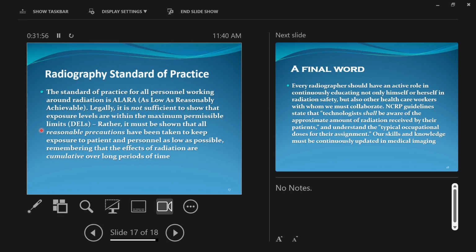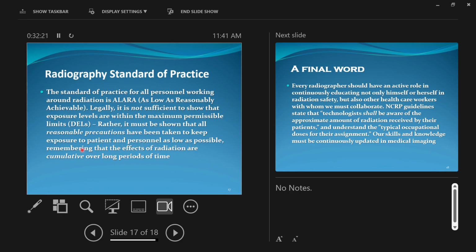It has to be shown that we're doing everything we can to keep the exposure levels to staff as well as our patients as low as possible, not just below the limit, right? By the way, there is no patient limit. No one sets dose equivalent limits for your patients. We set dose equivalent limits for the workers, but everything we do, we're trying to keep exposure to patients and personnel as low as possible.